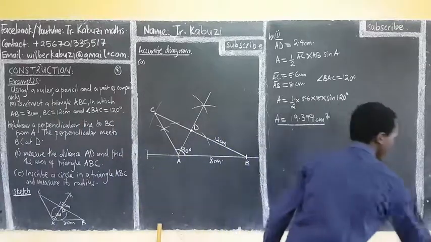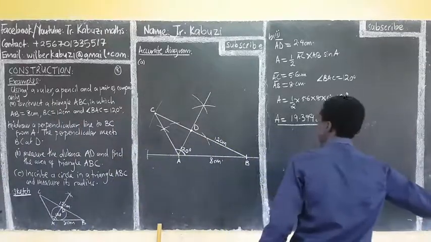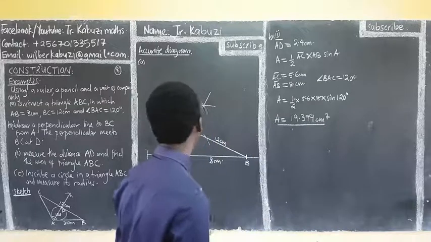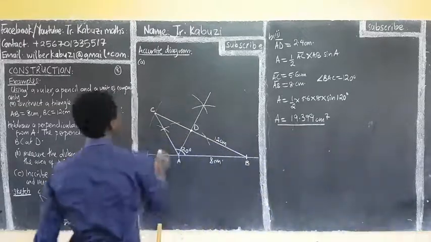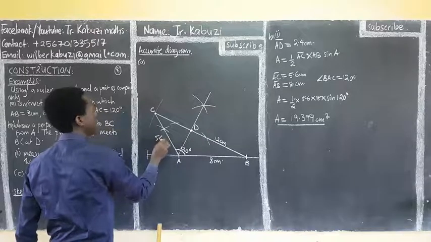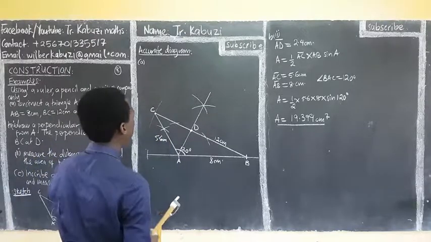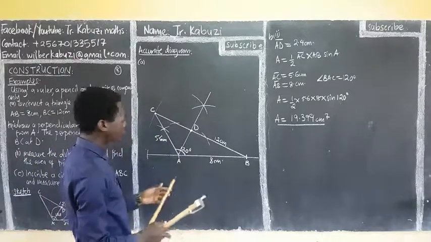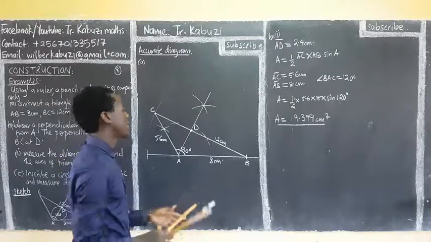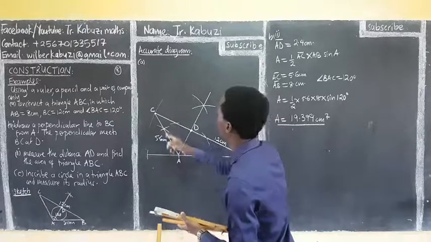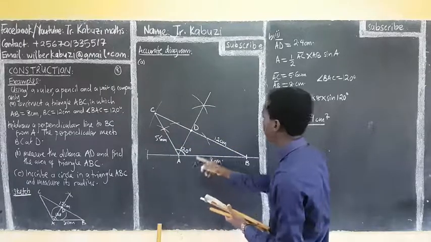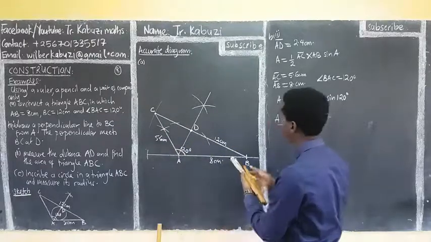We bisect any two angles. I've measured this one, this is 5.6 centimeters. To bisect any two angles, I can bisect this and also this. So let me bisect this angle and then this.